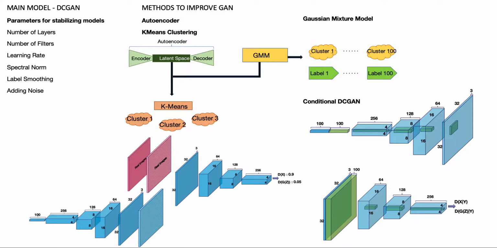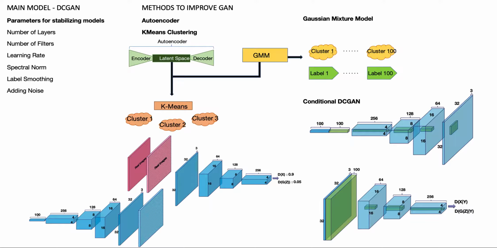Since training cluster by cluster didn't work, I searched for another way to use the information of clusters. From some papers and articles, they suggest that if there are labels, we should use them. If there are no labels, we can create some labels. So I tried another way to use the information of clusters.